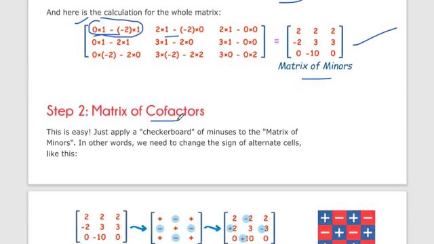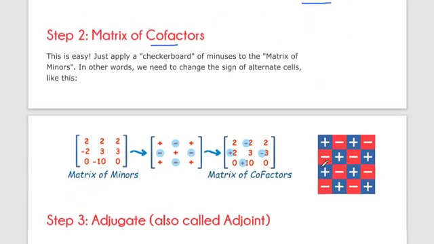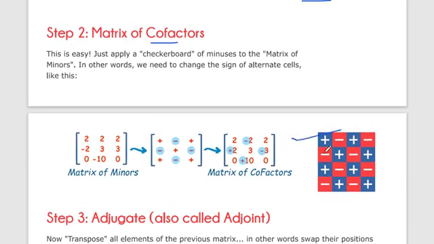Now the matrix of cofactors. In cofactors we only change the sign. How do we change the sign? Like this, plus minus plus minus. Okay, first of all the first row, first column always has plus, then after that minus, minus, plus, plus, minus, minus. So we will change the signs of the matrix of minors, and this will become the matrix of cofactors.